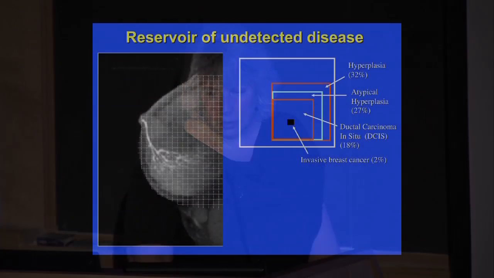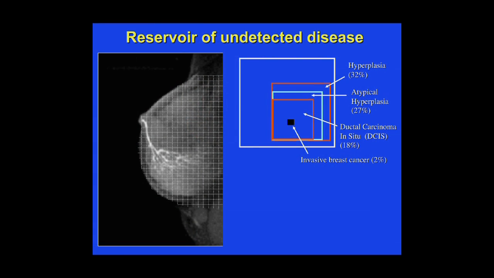Okay? The other point that I wanted to make about this is that our body is doing things all the time. This is a really interesting study that not a lot of people are familiar with. It's a whole set of studies, I should say. And what it asks is, what is the reservoir of undetected disease in the body?